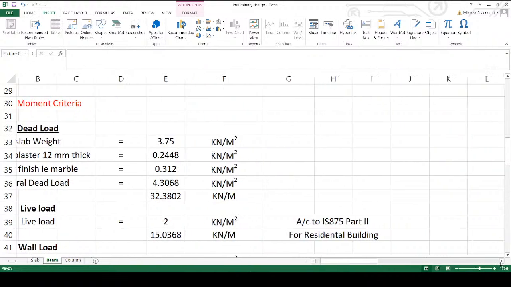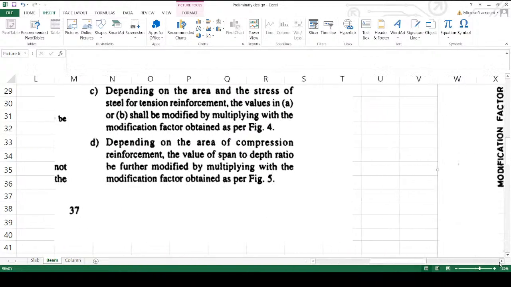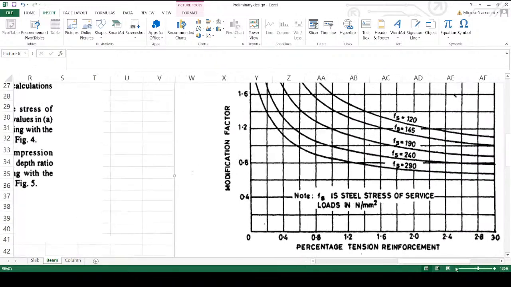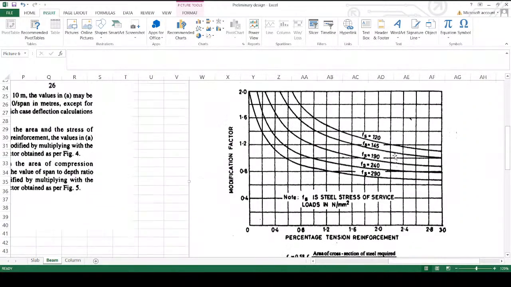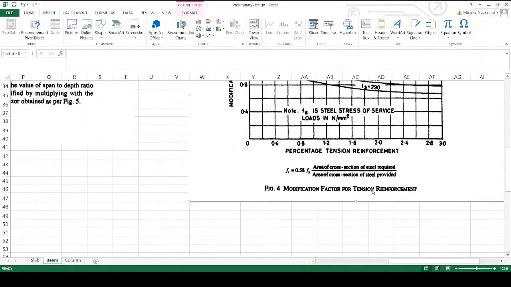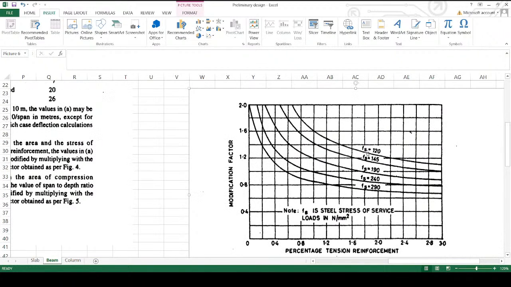On page number 38, you have to go where you get the modification factor for tension reinforcement, this graph. Here our Fs is 290 and the percentage is greater than 3%.